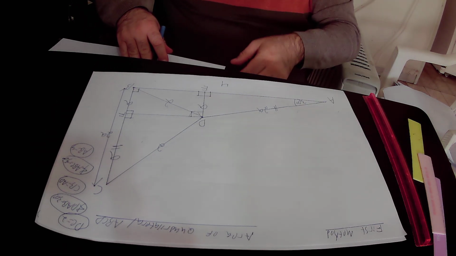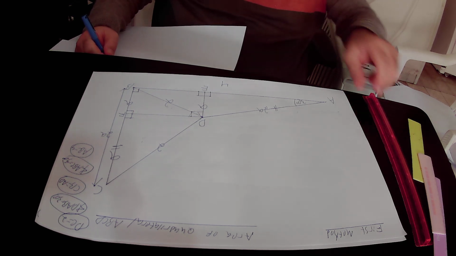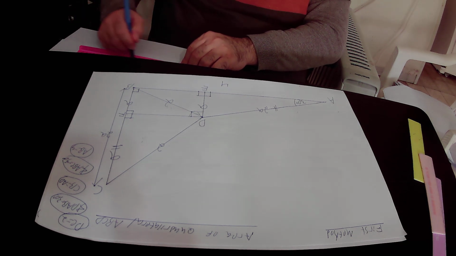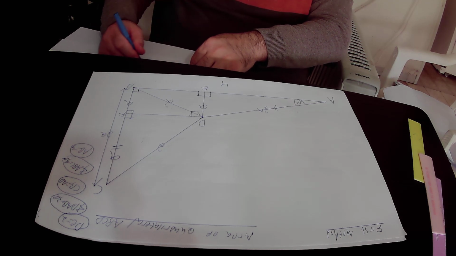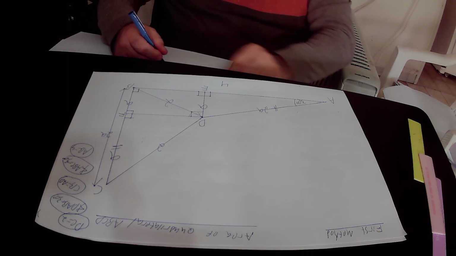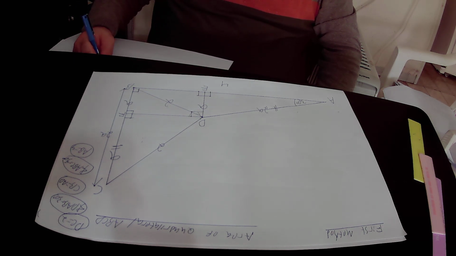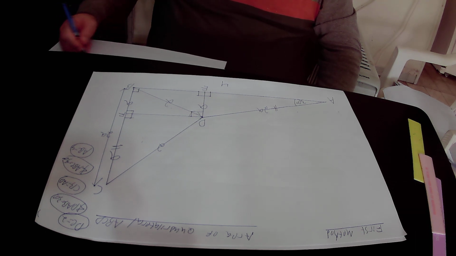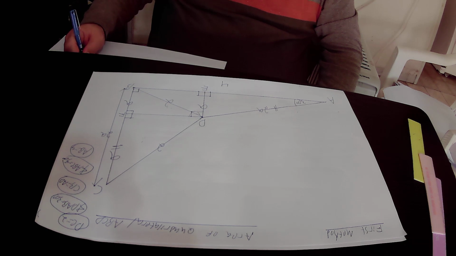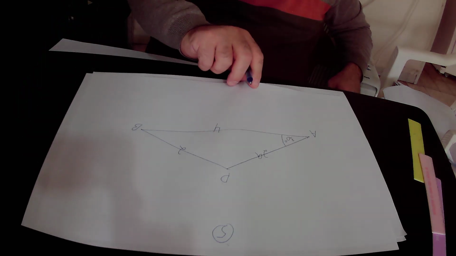Okay, so we have triangle ADB. So actually this is triangle ADB.